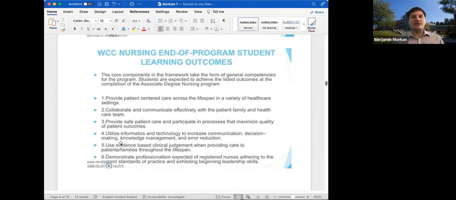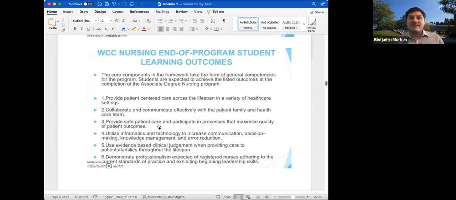And these are all of the outcomes. Provide patient-centered care across the lifespan. Just remember, with these concepts, you're learning from birth all the way to very old age and death. Number 2, collaborate and communicate effectively with the patient, family, and healthcare team.